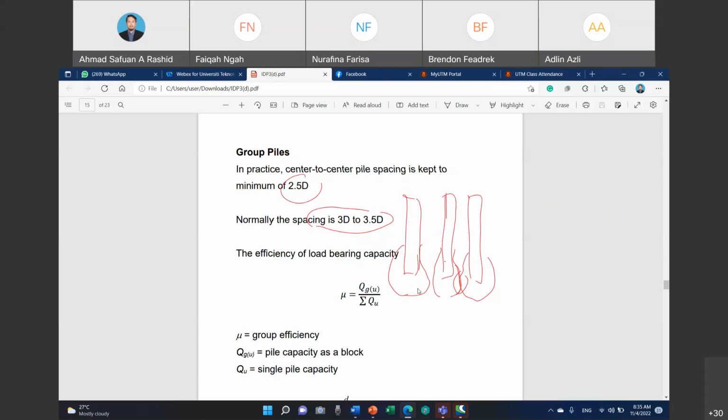Dan kalau tidak ada overlap, dia tidak efficient enough. So jika terlampau jauh, dia tidak behave as a group of pile, dia akan behave as a single pile. So that's why it is suggested the minimum is 2.5. So the range is between 3 to 3.5 diameter.